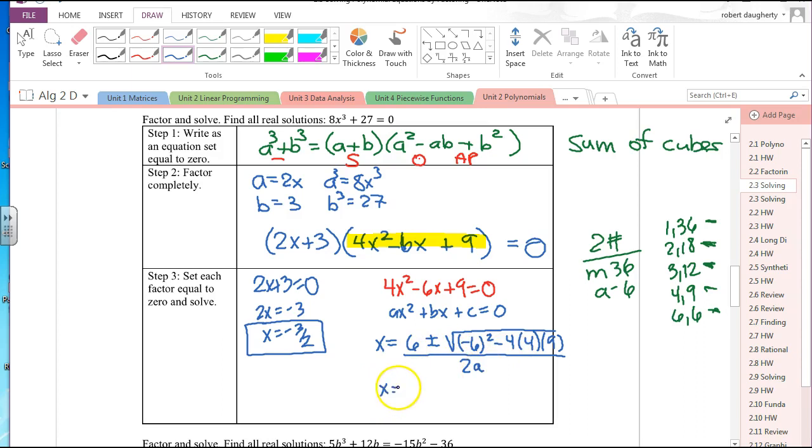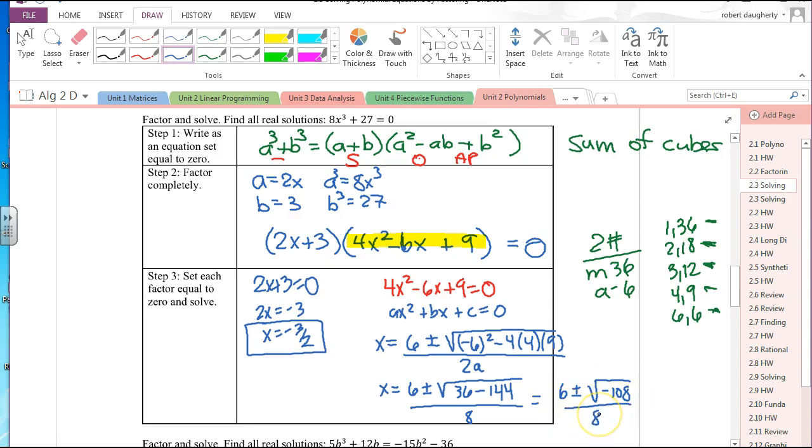So x is equal to 6 plus or minus the square root of 36 minus, and let's see, 9 times 16 is 144. All of that over, and then the 2a was what? That's 2 times 4, that's 8. So this is 6 plus or minus square root of negative 108 over 8.